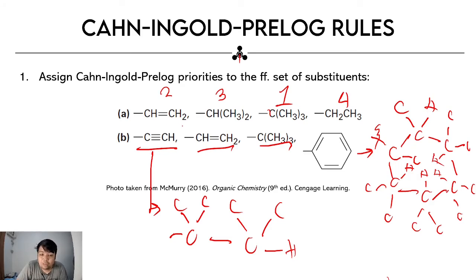Now, in this case here, although it is attached to 3 other carbon atoms, the next point of attachment is that the carbon is attached to 3 hydrogen atoms. Here, the next point of attachment is that the carbon is attached to 2 other carbon atoms and 1 hydrogen atom. So obviously this will be higher in priority than this one. So this will be our number 1. Okay?